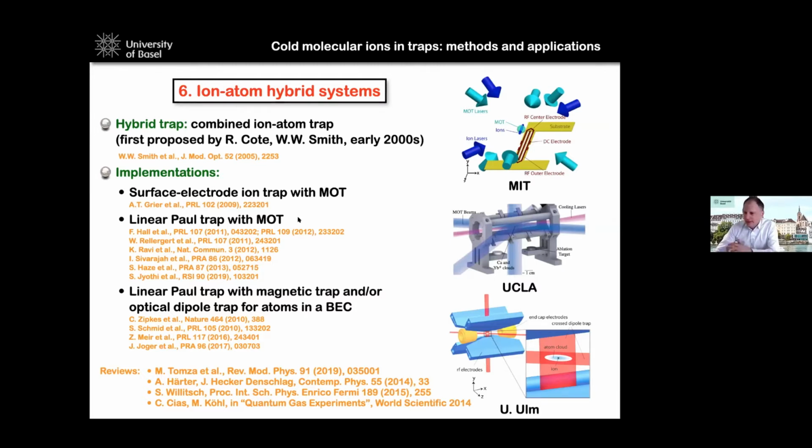And since then, many different groups all over the world have come up with similar experiments. It's typically linear Paul traps that are combined with magneto-optical traps, or linear Paul traps with magnetic traps and/or optical dipole traps, in which one can keep the atoms, sometimes even in the form of a Bose-Einstein condensate. So this has now become a thriving field on its own.